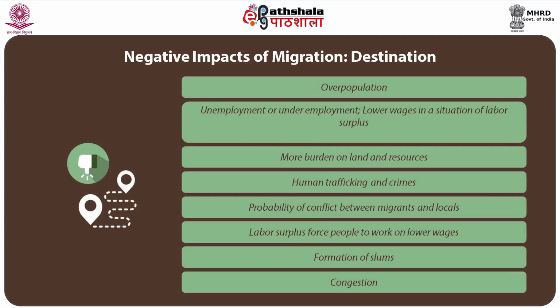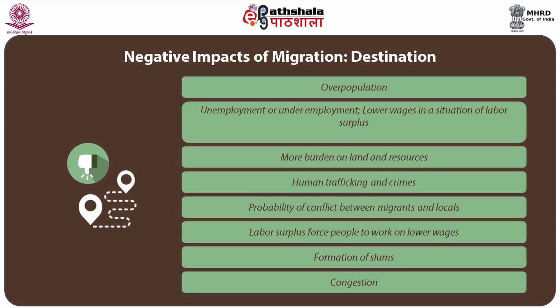It also unfortunately leads to further unemployment and underemployment, and later to lower wages in a situation of labor surplus, and more burden on the land and resources of the place of destination because of migration. Human trafficking and crimes become very common in larger cities, which attract a huge inflow of migrants.